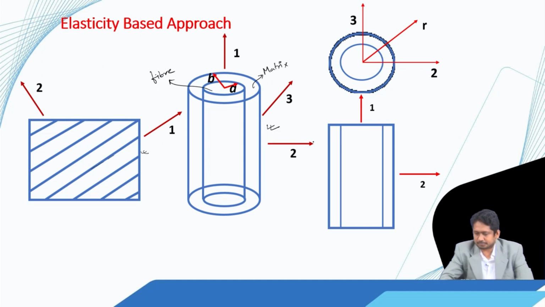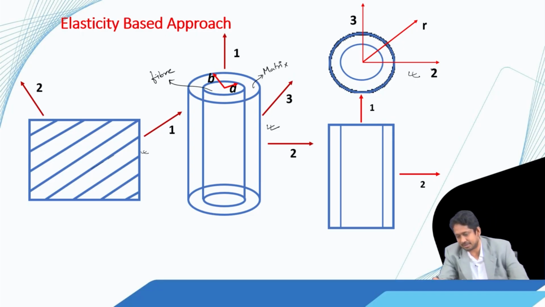Now, the same thing if I look at it along direction 1 looks like this. This is the plane spanned by directions 2 and 3, and this is what we see when we look along direction 1.